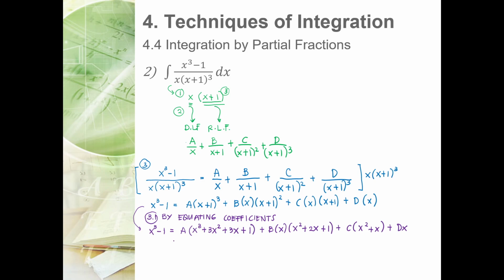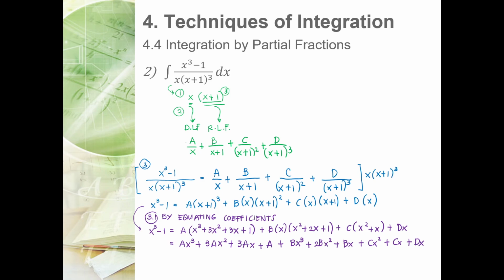So expanding it further, you now have Ax cubed plus 3Ax squared plus 3Ax plus A, then plus Bx cubed plus 2Bx squared plus Bx plus Cx squared plus Cx plus Dx.